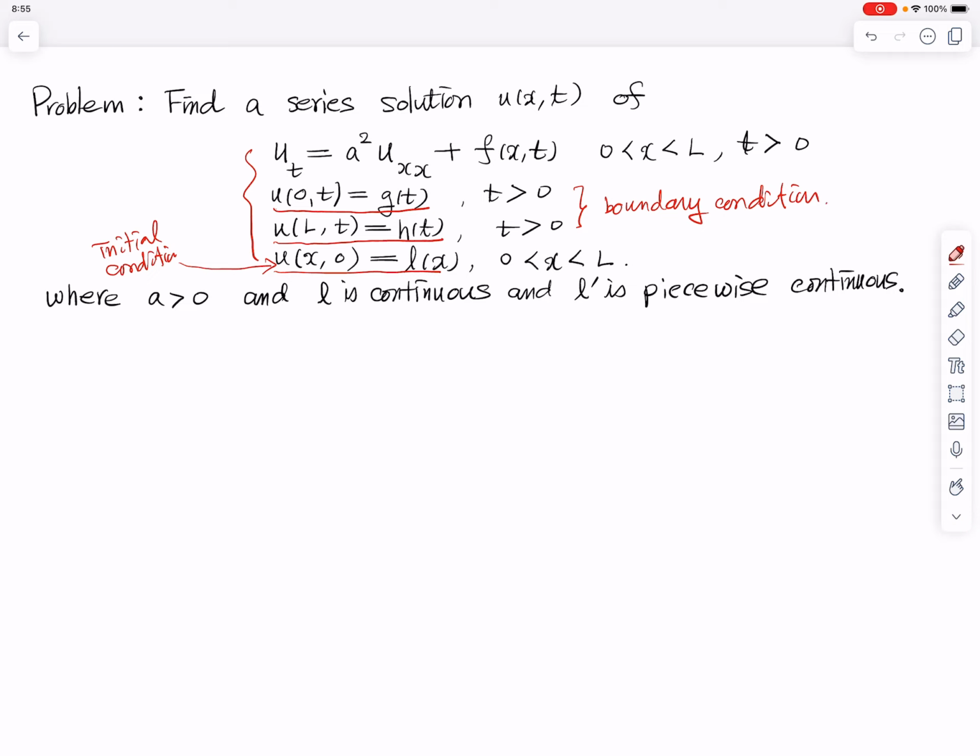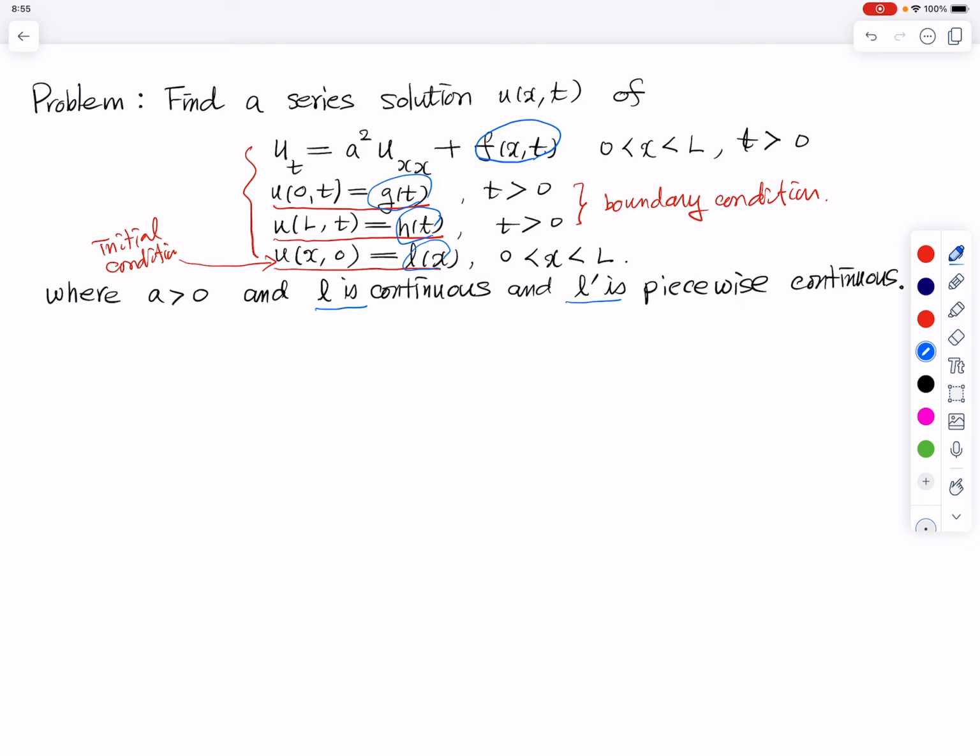And then the functions f, g, h, and l are given functions. In particular, l and l prime are piecewise continuous. So l is continuous and l prime is piecewise continuous. For now, we just assume that f, g, h are continuous at least.